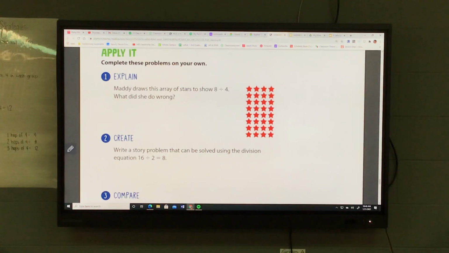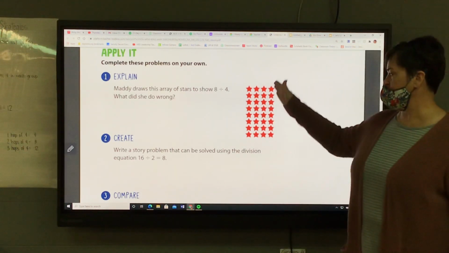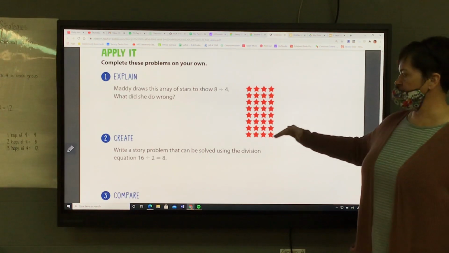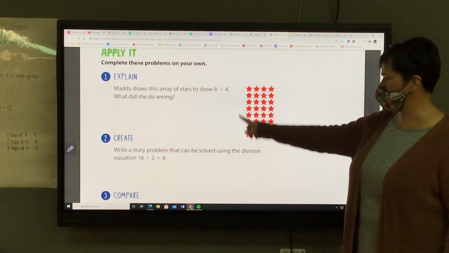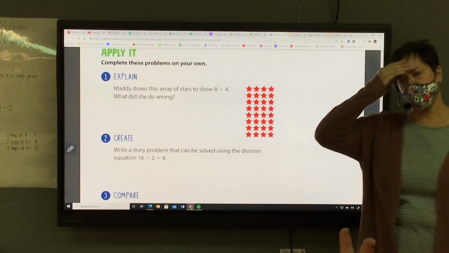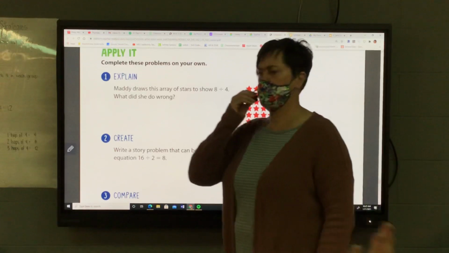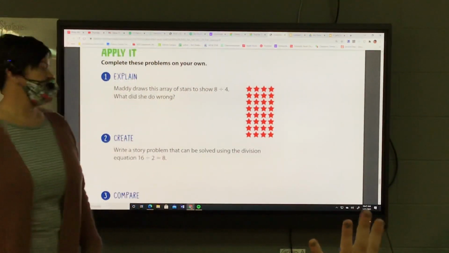And friends, those of you that have been practicing your facts, you can either skip count by 8s or skip count by 4s. Do you know what 8 times 4 is? How many stars did she show here? 8 times 4. How many stars is that? Natalia?